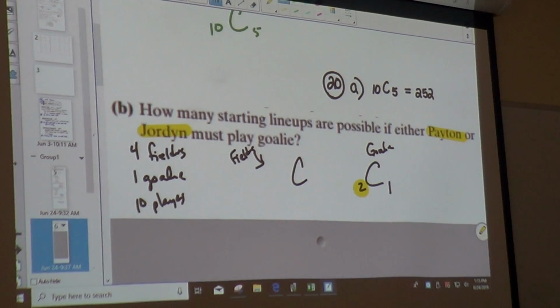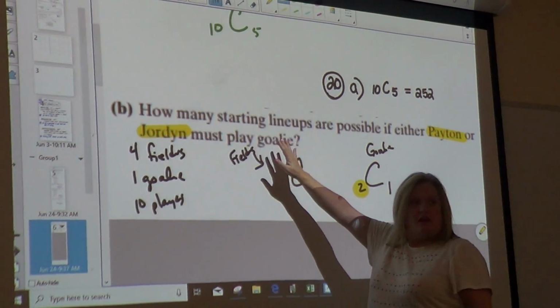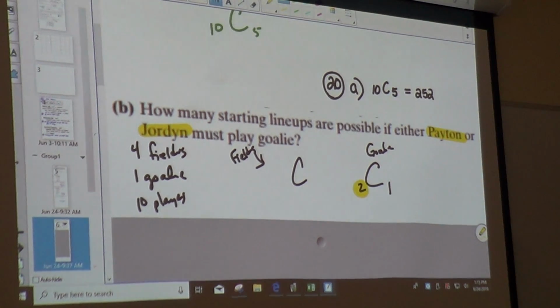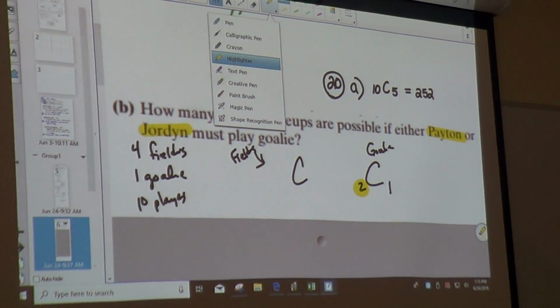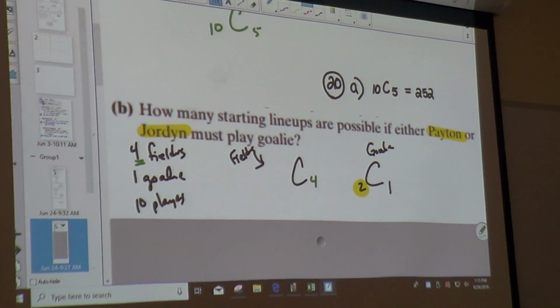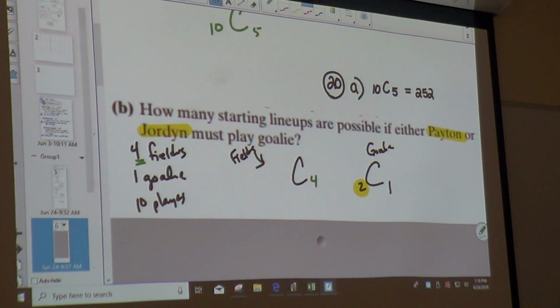Now, for our fielders, how many fielders are we choosing? We're choosing 4 fielders. Give it to me, Travis. Out of 8. Oh! 9.